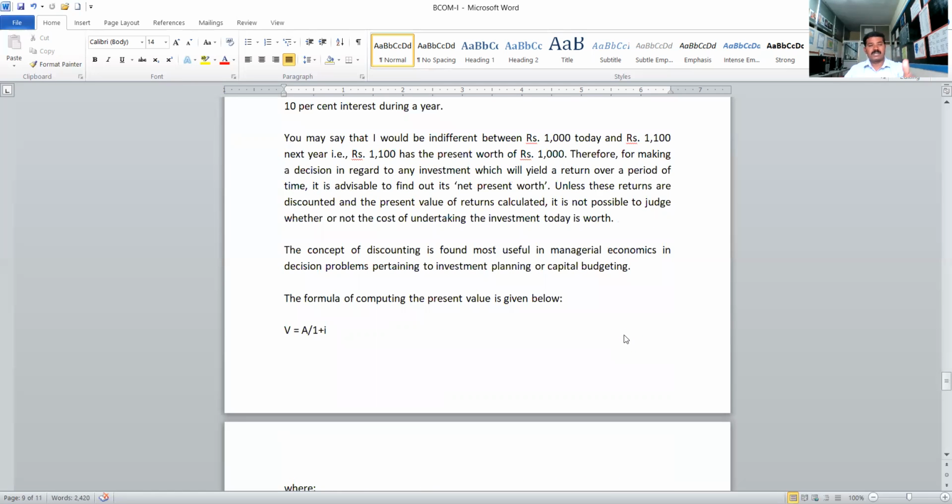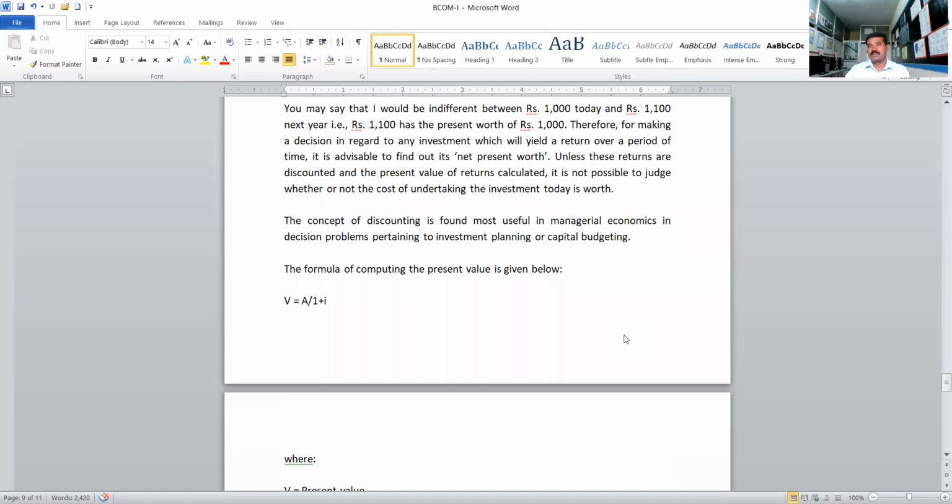You have to understand the formula of compounding and present value given here. The concept of discounting is found most useful in managerial economics or business economics, in decision problems pertaining to investment planning or capital budgeting. The formula of computing the present value is given.